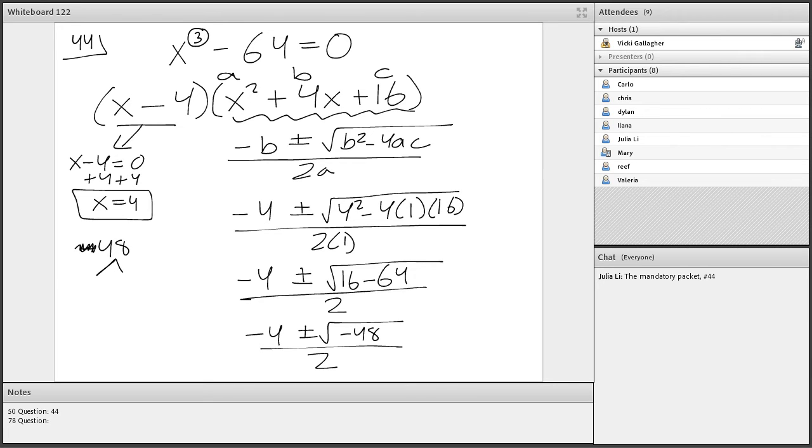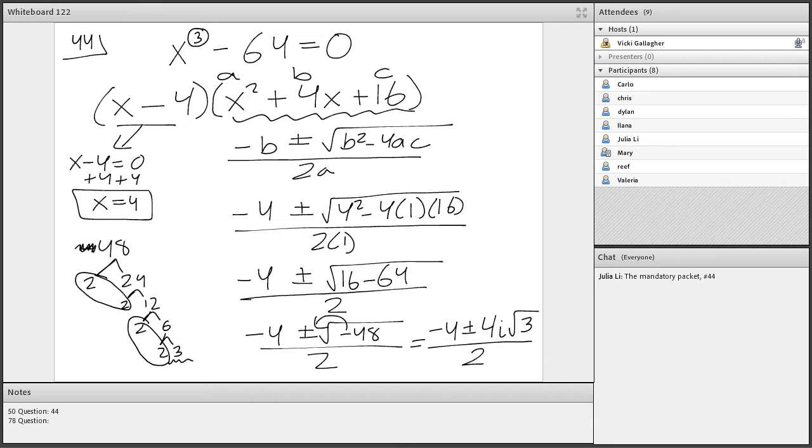So 48 is 2 times 24, 2 times 12, 2 times 6, and 2 times 3. We're looking for pairs of numbers. So I have a pair of 2's here, and I have a pair of 2's here. So this turns into negative 4 plus or minus, and I've got 2 2's that escaped, so that's a 4 now. The negative sign can come out and become i for imaginary. And then we do still have this 3 on the inside.